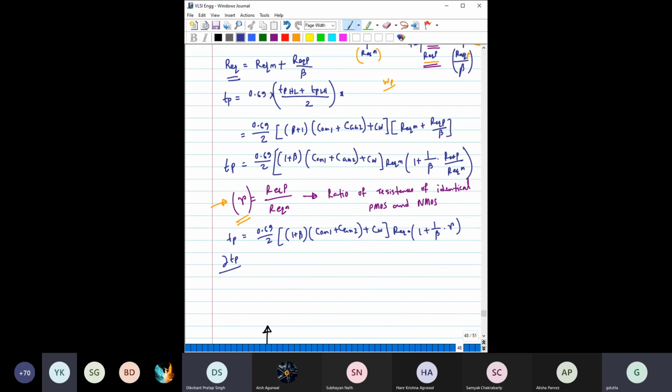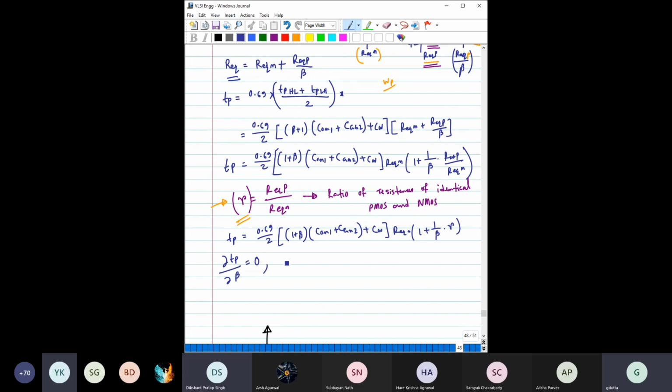So we know one technique that we have used many times. We will take the derivative of this TP with respect to beta and set it equal to 0, right? That would give us the criteria for our minimum propagation delay.